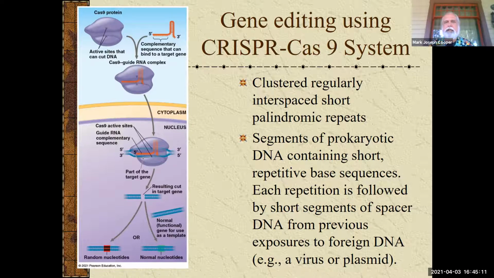CRISPR is actually allowing us to stick them exactly where we want them. So we've taken this information from bacteria, and now we're using it. And I will tell you this: it is probably one of the biggest biological tools in use today, allowing us to edit genes in organisms.